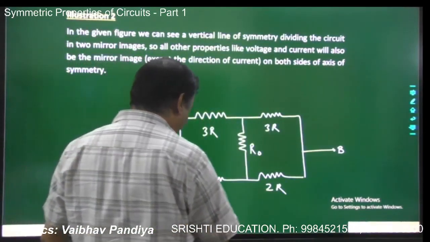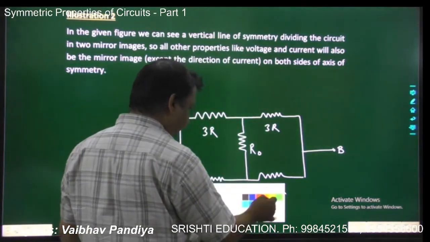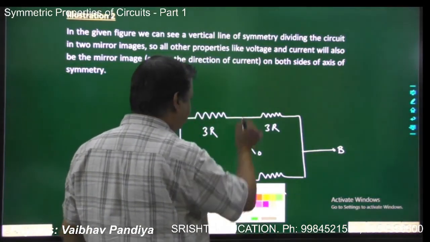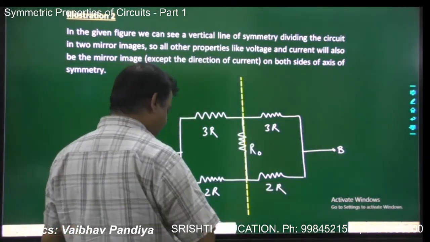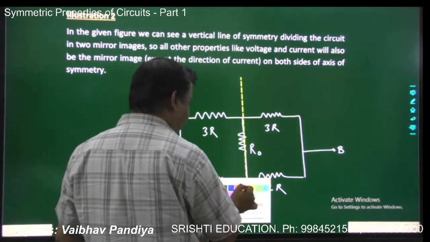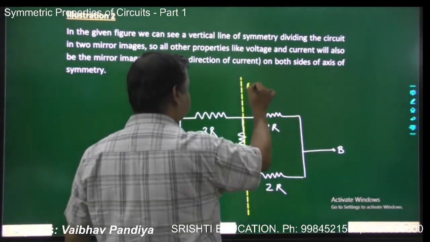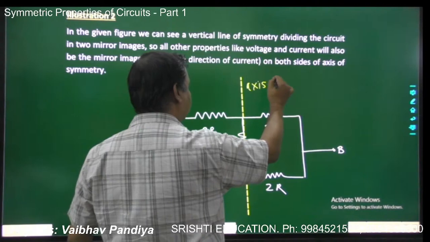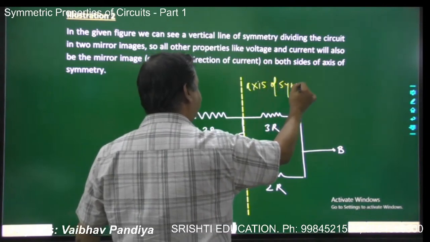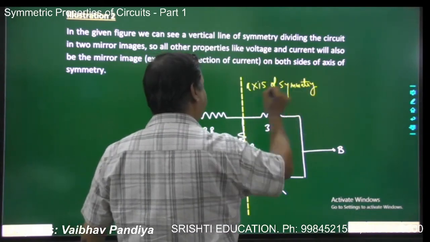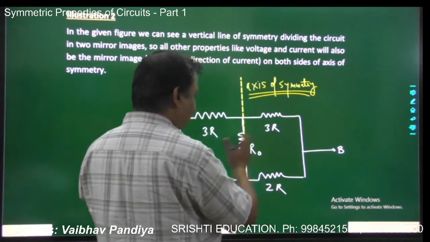You will say, of course, we can locate a vertical line like this, and this line will act as an axis of symmetry, because this line is dividing your circuit in two mirror images.